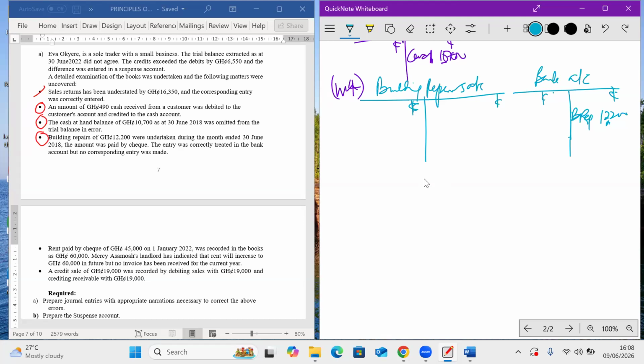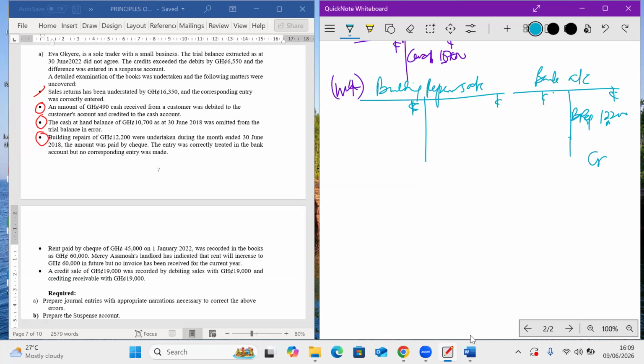Okay, so it was credited in the bank account, but wasn't debited in the building repairs account. That is one. What's the second point? I gave you two points. There was no entry made in it. So the amounts are not the same.